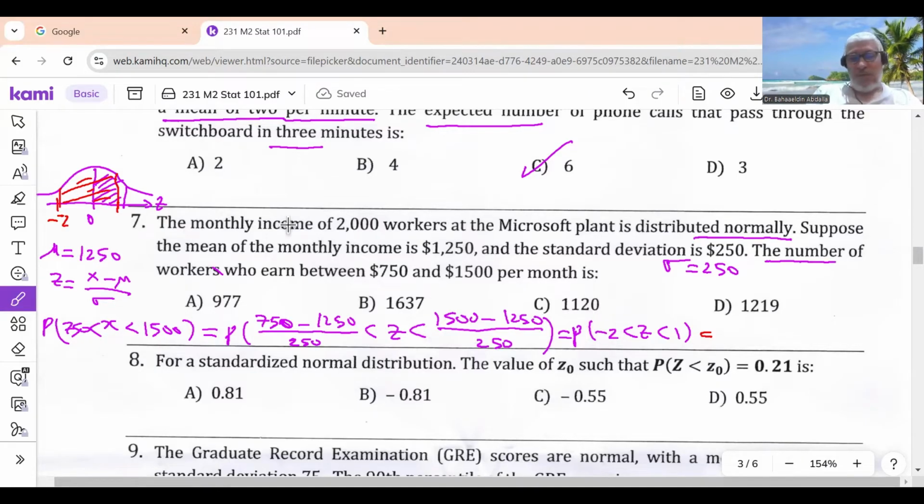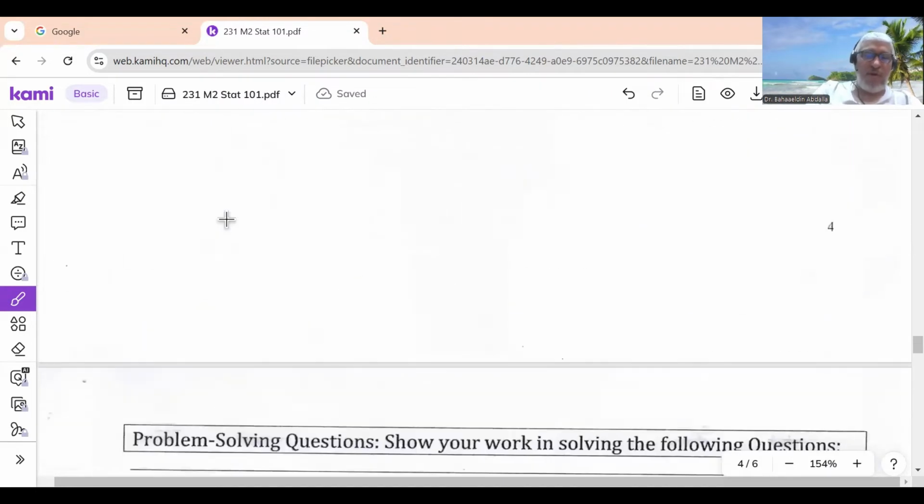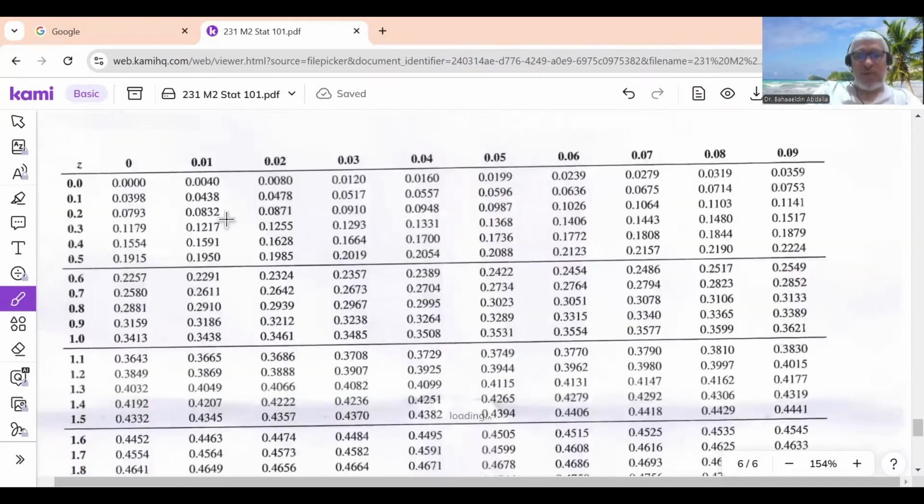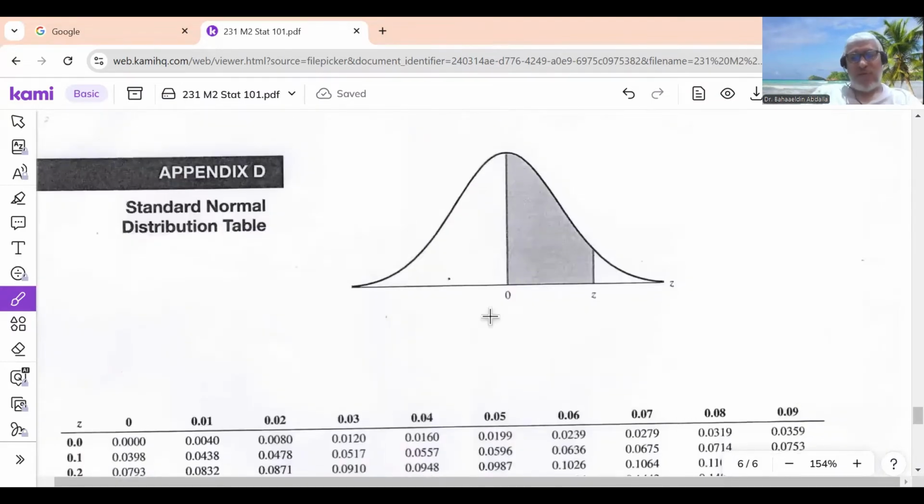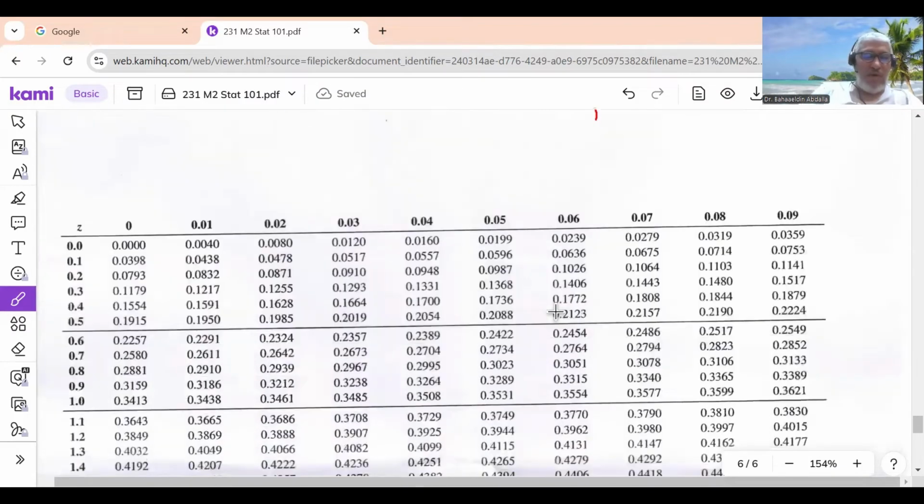If I use the table, I can find this probability up to 1 immediately from the table. How? Look to Z equals 1. See, it gives you the probability from 0 to Z. So when you look to Z equals 1, it is this number, 0.3413.